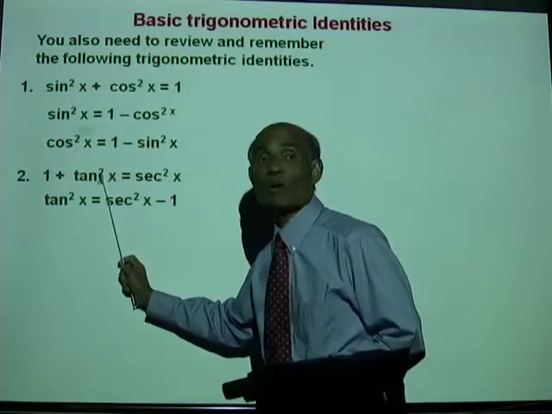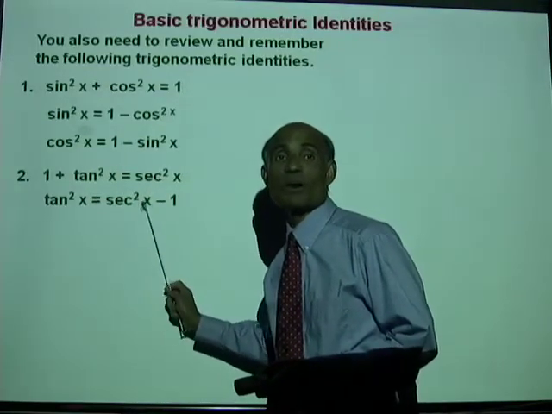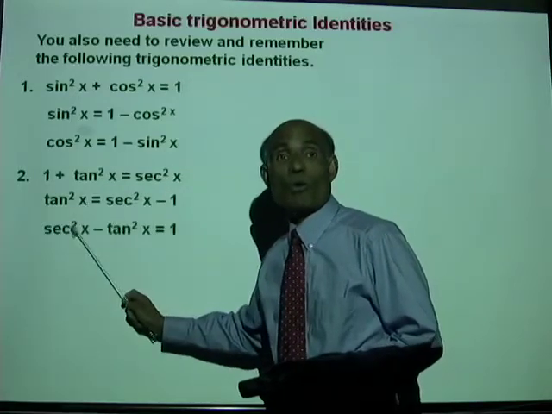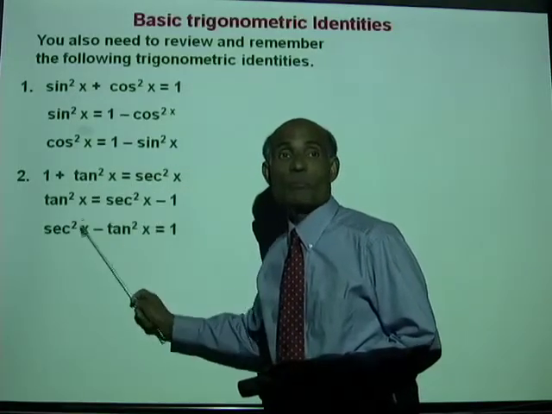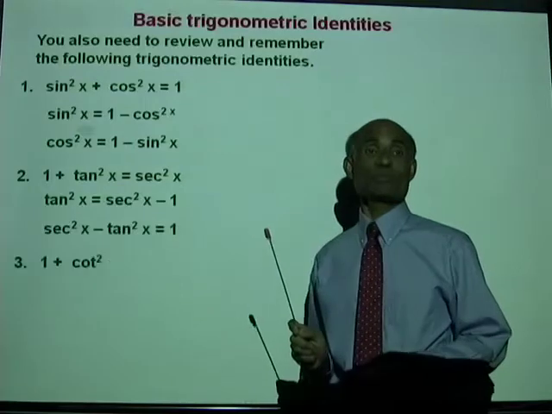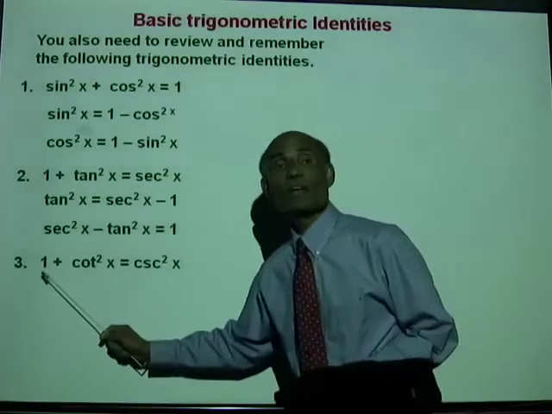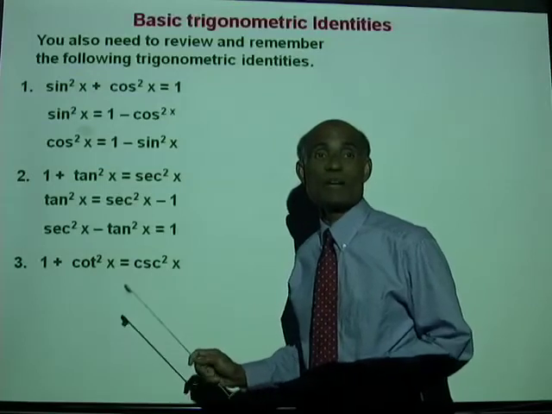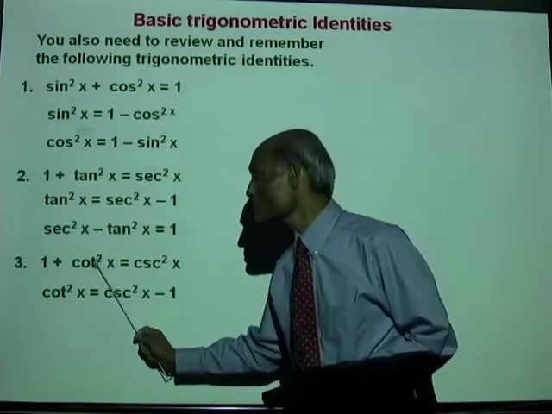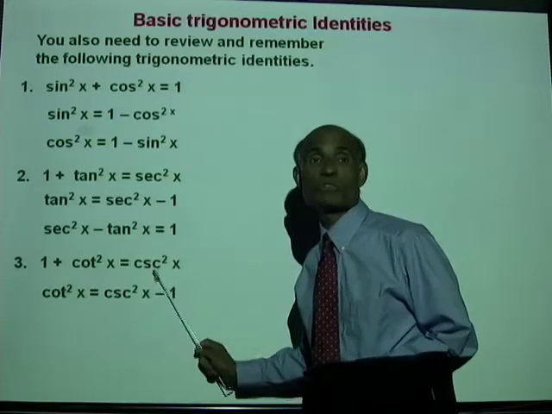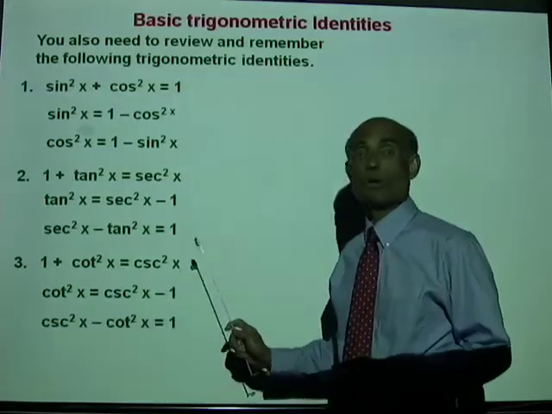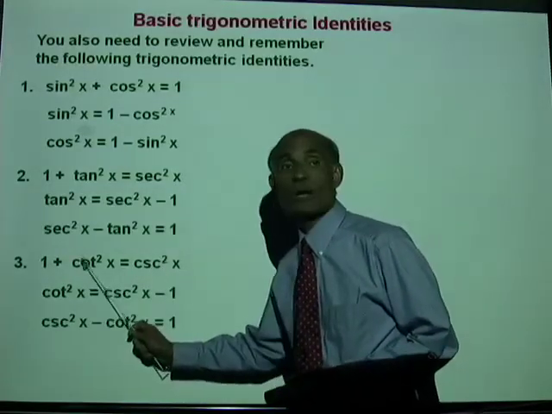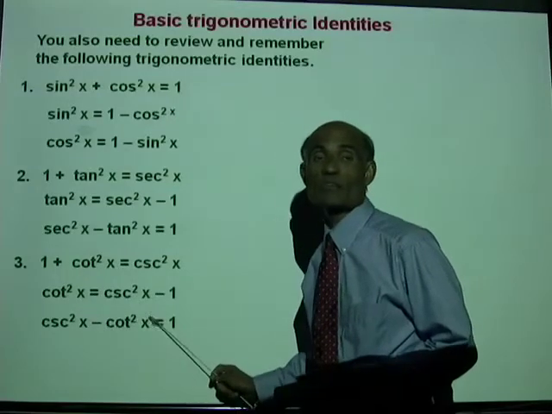That means tan squared x equal to secant squared x minus 1, or secant squared x minus tan squared x equal to 1. Similarly, 1 plus cot squared x equal to cosecant squared x, which gives you cot squared x equal to cosecant squared x minus 1, or cosecant squared x minus cot squared x equal to 1.